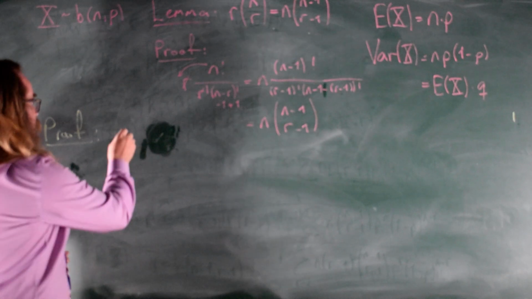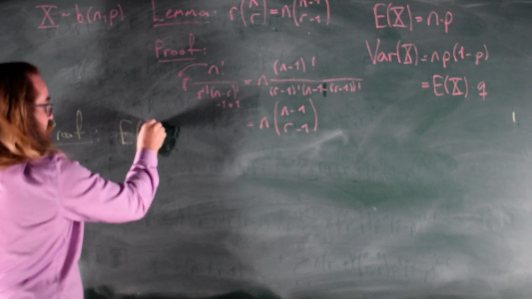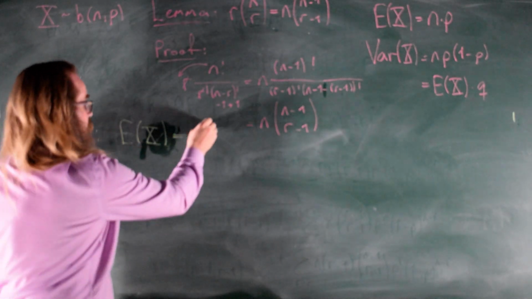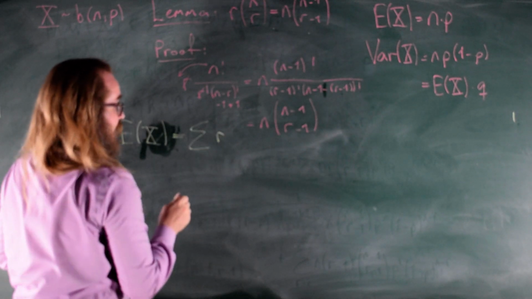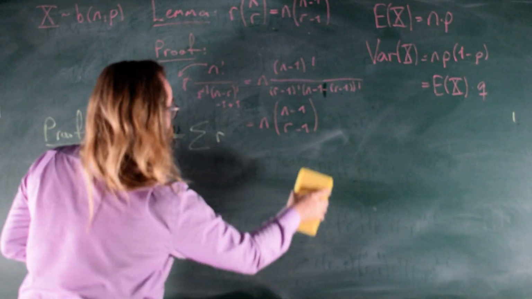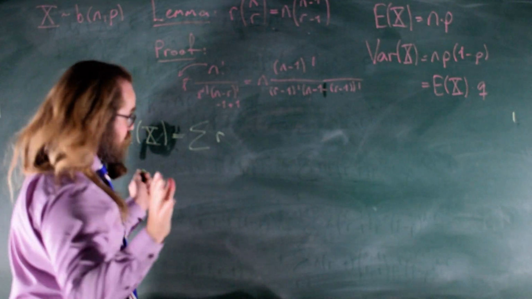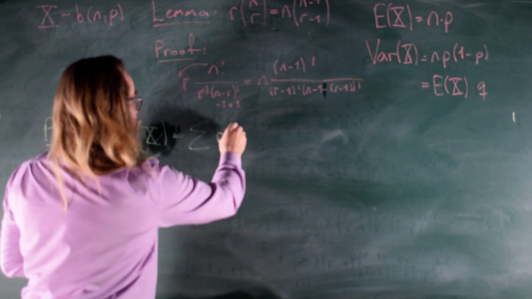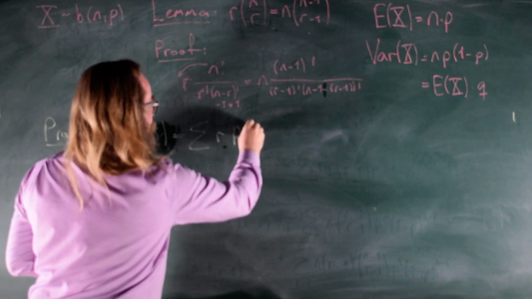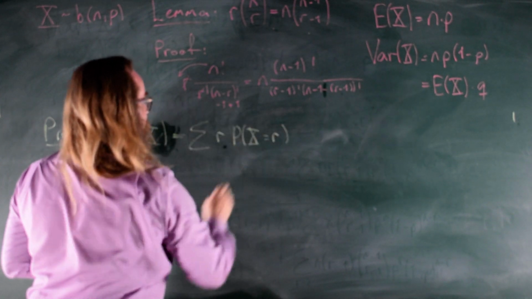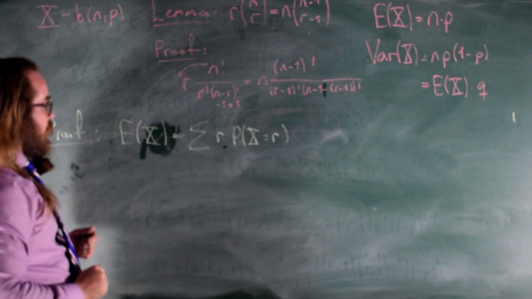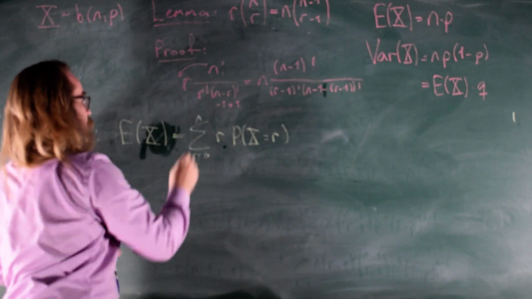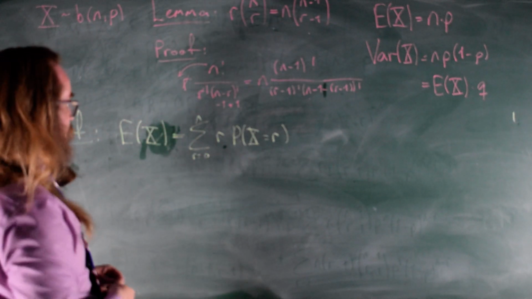Okay, I'll use the definition of the expected value for any discrete random variable, and it'll be the sum of the random value multiplied by the probability of attaining that random value. Okay? Alright. And r goes from 0 to n. It spans all the possible random values.